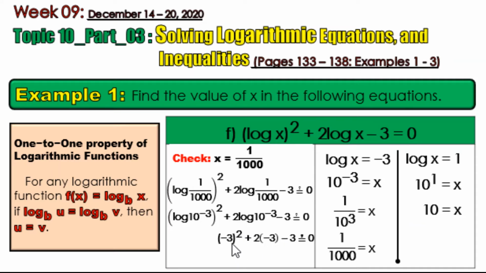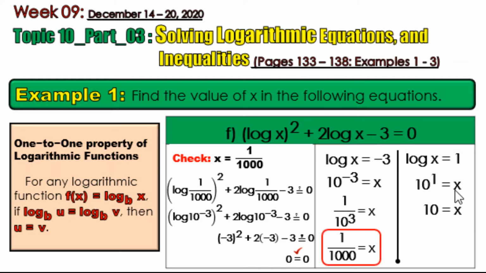Negative 3 squared is 9. 2 times negative 3 is negative 6. So 9 minus 6 is positive 3, and positive 3 minus 3 is 0. Correct. So one of the values of x is 1 over 1000.